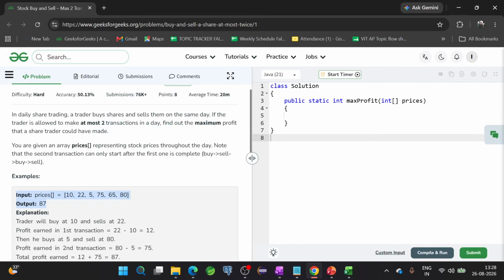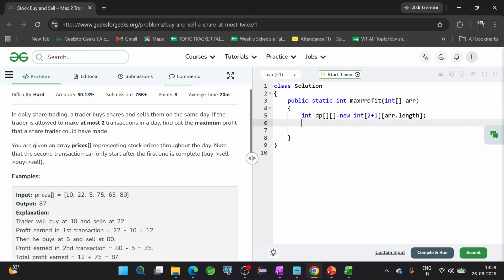Okay, first we will create the dp array, new int[k + 1] and prices array dot length. Is it clear? And we have to start from 1.